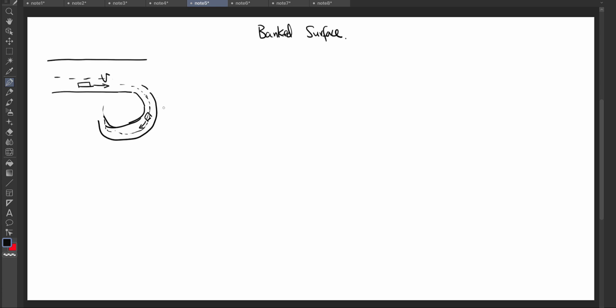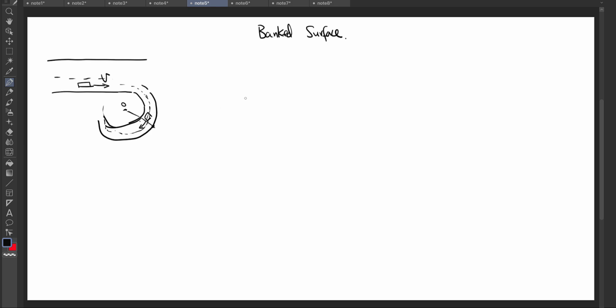Okay, and if you look carefully at the surface of this ramp, you will see it's banked. So the side closer to the center is lower than the side further away from the center.